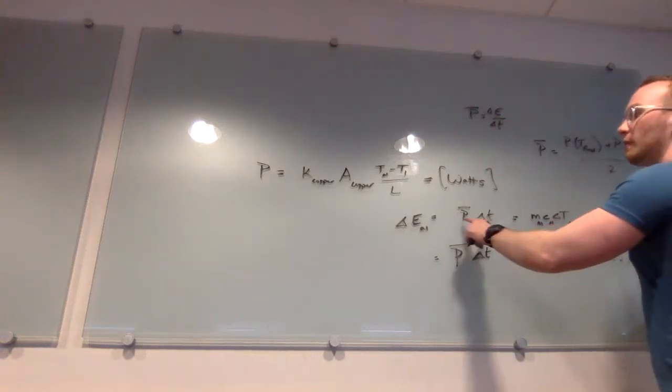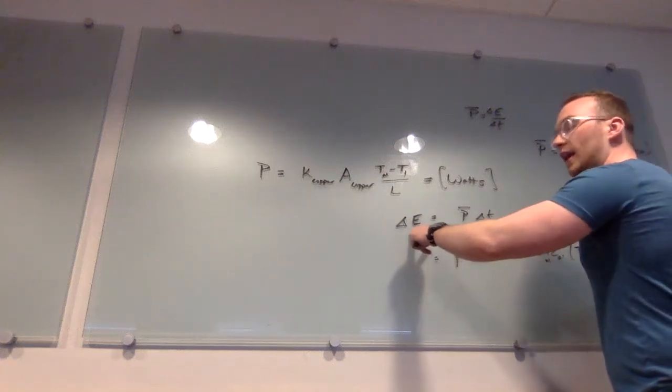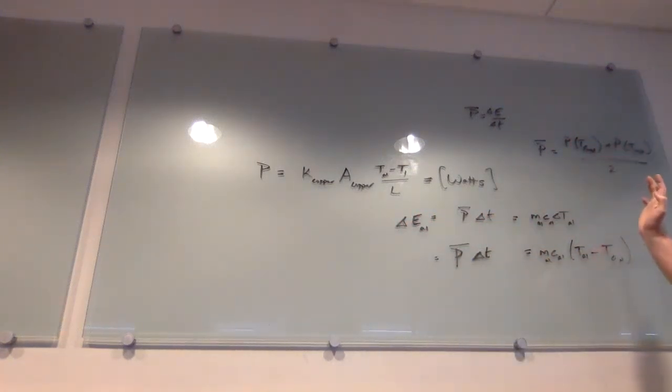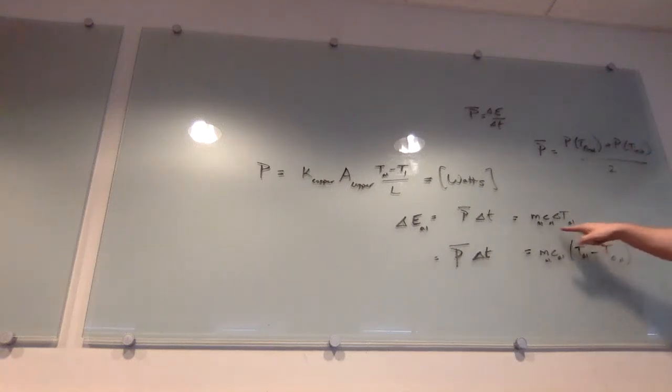So if you need time and you have power, energy must be the other thing, and so we need some other equation for the energy of a material that changes its temperature. Well, we know that exactly. It's just m c delta T, right?